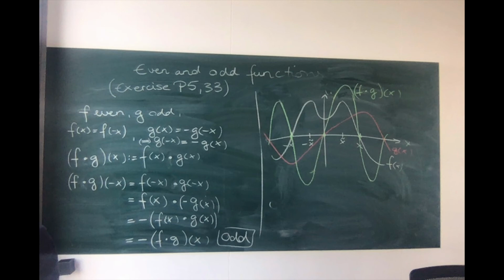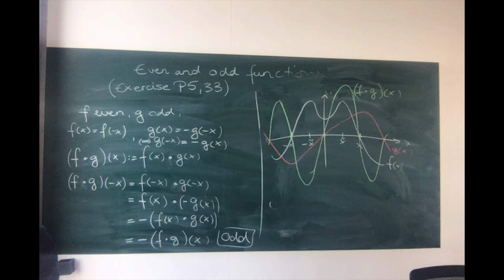And now I want to figure out whether f times g is fulfilling the equation for an even function or an odd function, so I start calculating with minus x. First step, I resolve the definition of what it means, f times g. That is f of minus x times g of minus x, and now I'm using again that f is an even function and replace f of minus x by f of x, and that g is an odd function, so I replace g of minus x by minus g of x.